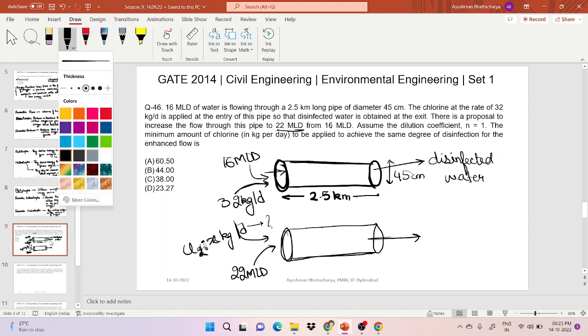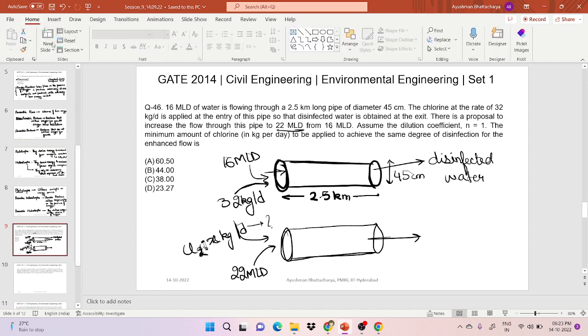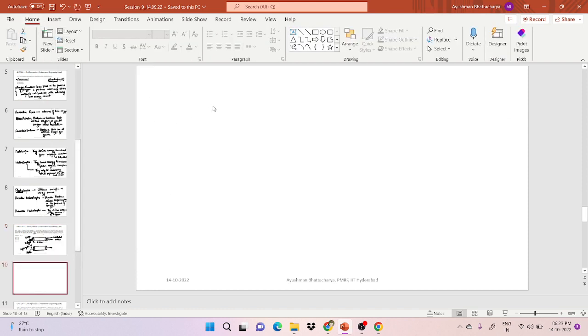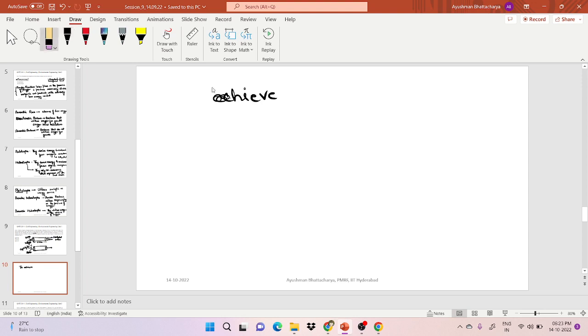Okay, so now we will proceed for this. So the way to solve this, to achieve same degree of disinfection.